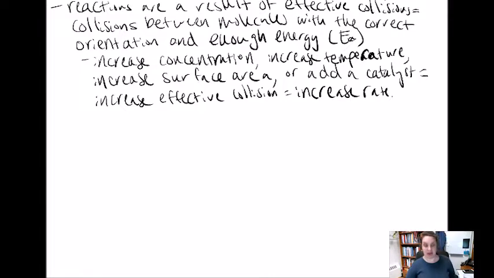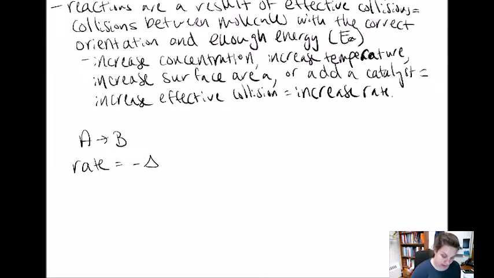The rate of a reaction: let's take some generic reaction, A goes to B. A is our reactant, B is our product. We would say that the rate of this reaction is negative delta A concentration over delta time. So the change in concentration over the change in time.